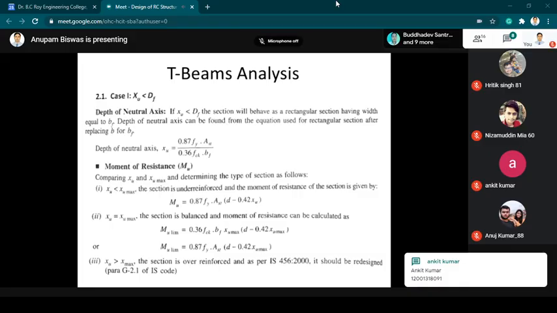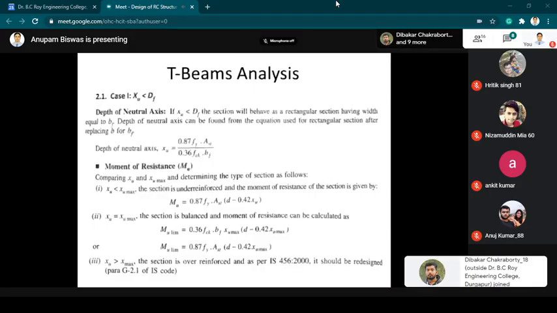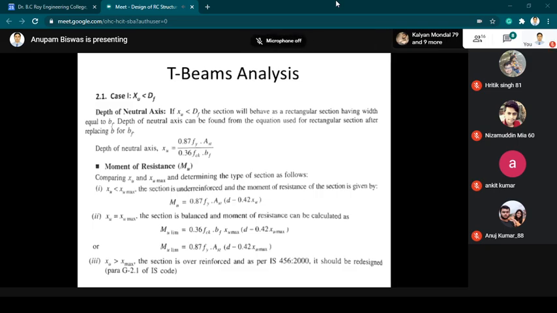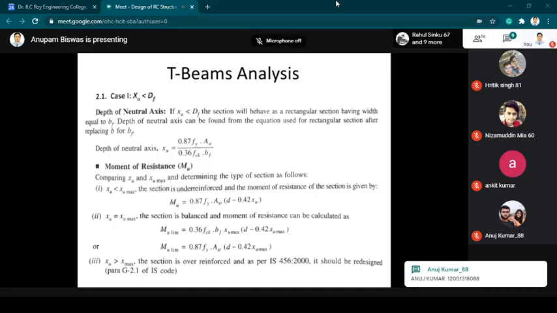Similarly, as discussed in the previous class regarding the rectangular section, the calculation goes similarly, where we consider the width as bf. Since it is a rectangular section, for the cases where the section is under-reinforced or over-reinforced, with respect to xu max, we determine the condition and accordingly calculate the moment of resistance.